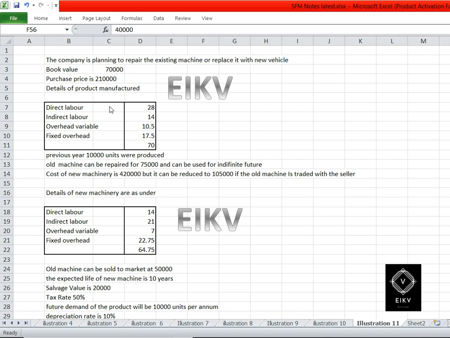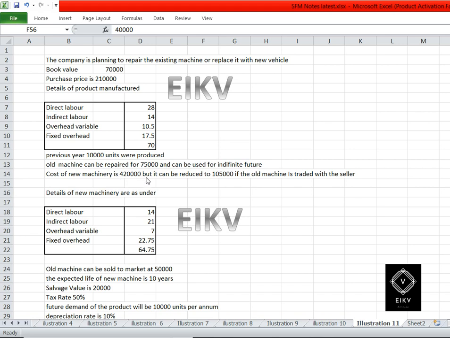Details of the product manufactured are also given. Direct labor is 28, indirect labor 14, variable overhead 10.5, fixed overhead 17.5, and the total cost is 70. The products manufactured in the previous year were 10,000. The old machinery can be repaired for rupees 10,000 and it has an indefinite future.